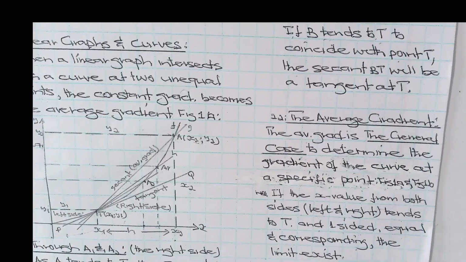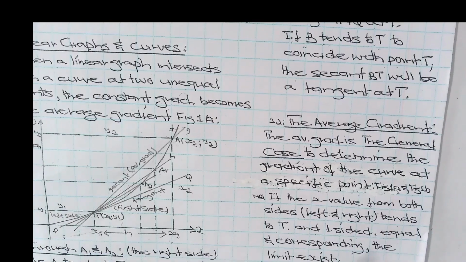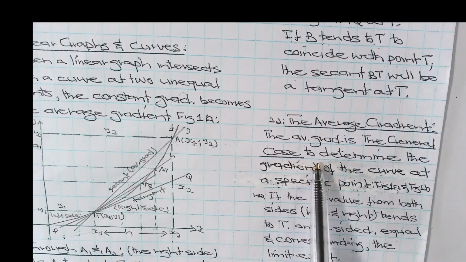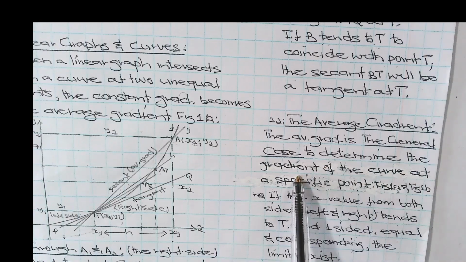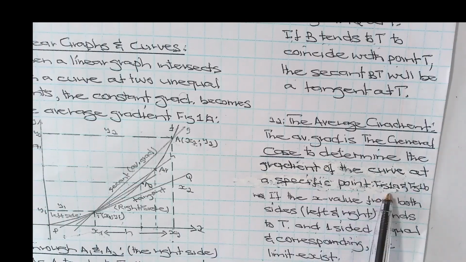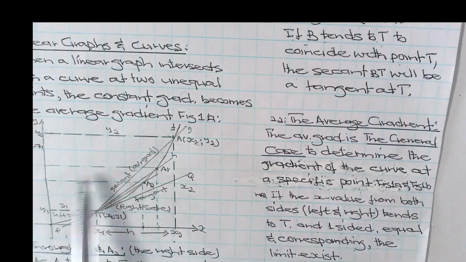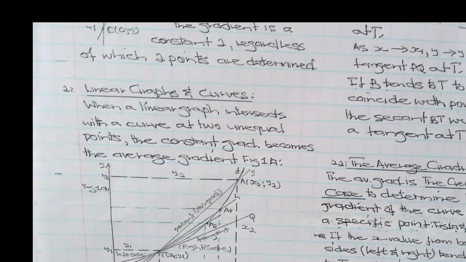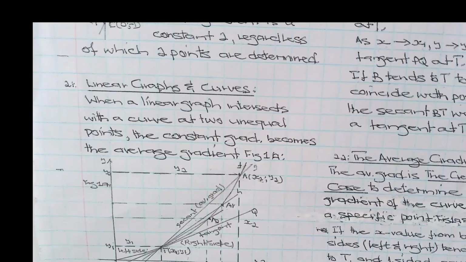The average gradient is the general case to determine the gradient of a curve at a specific point. We will use figure 1a and figure 1b to demonstrate what the average gradient is all about.